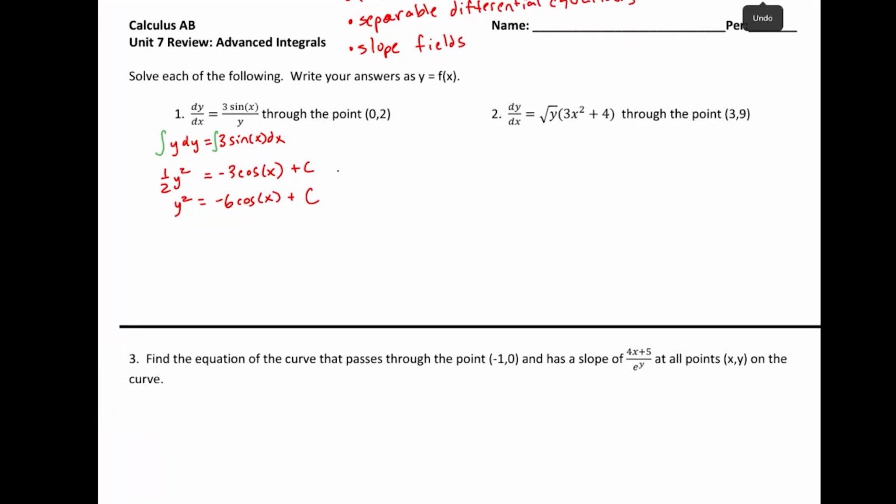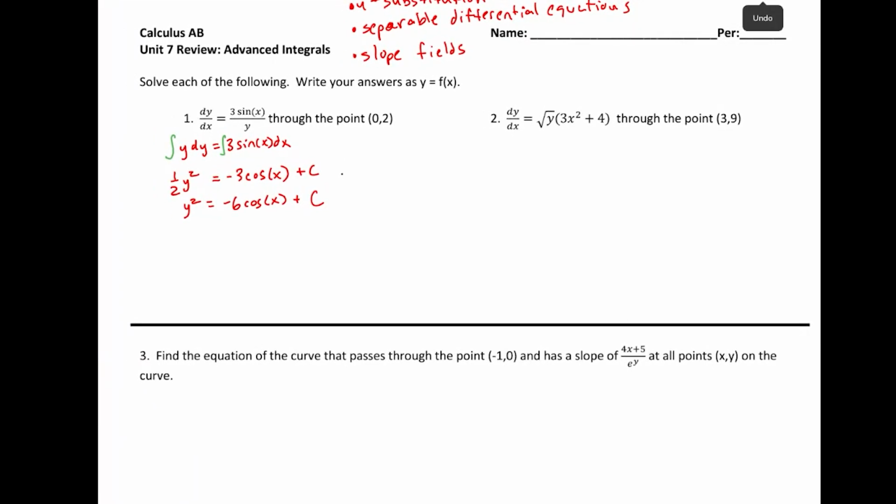Now, when you go back and solve for c, if you solve for c on this initial equation, you will get a different c than if you solve for c on the next equation. You can see that this c over here should be twice as big. It doesn't really matter which one you use to solve for c, in the sense that you can still get the right answer either way, but whatever equation you use to solve for c, you're going to want to use that equation to go back and plug c in.